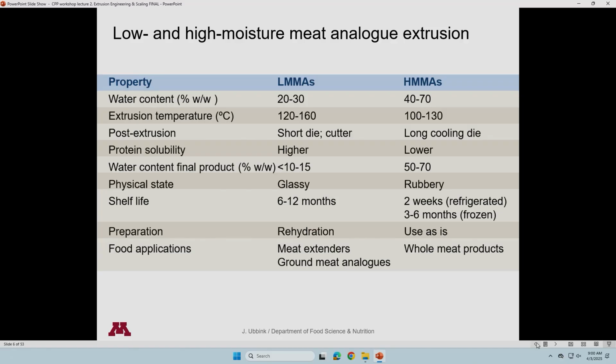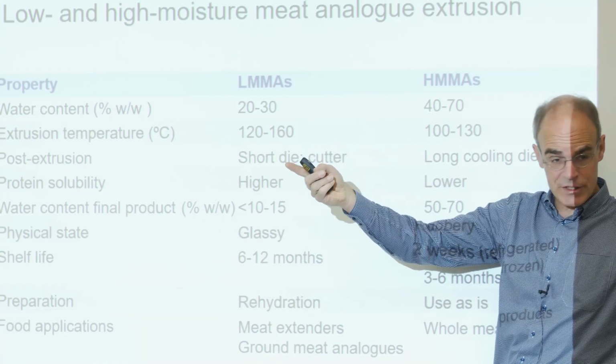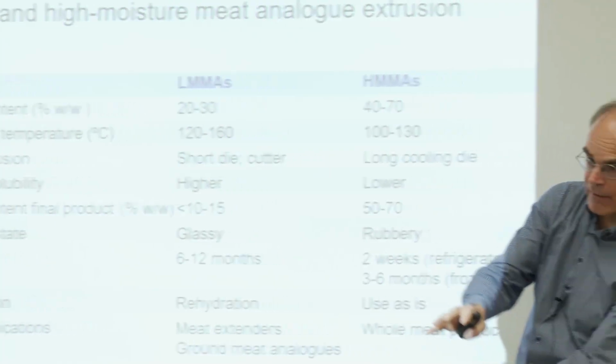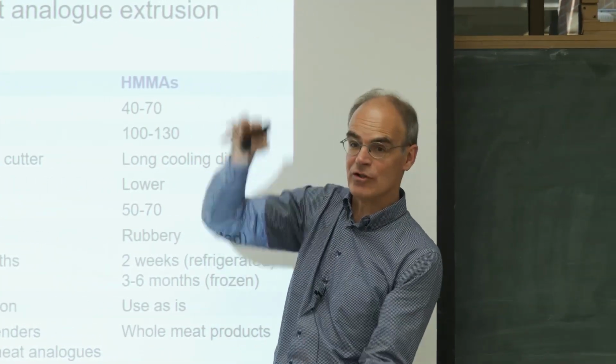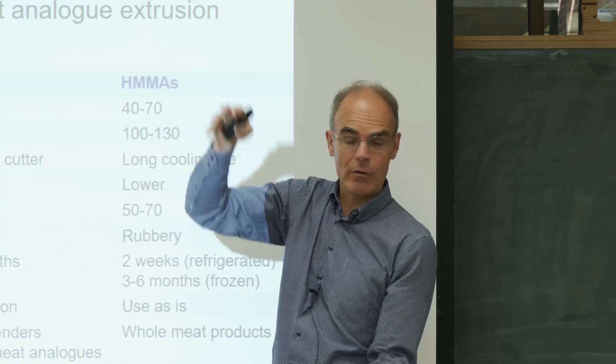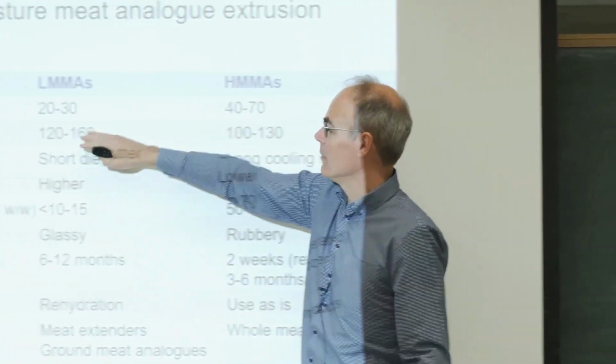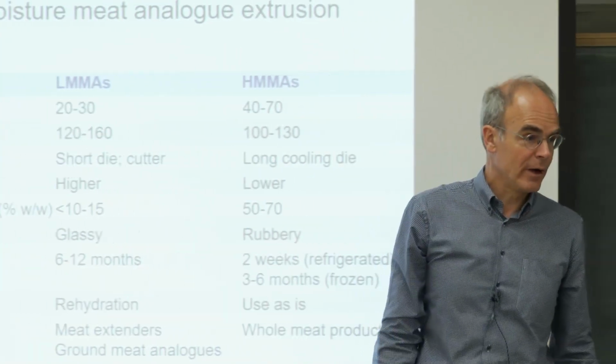The extrusion temperature is typically way higher for these low moisture meat analogs. We need to bring them into that reaction zone, which is at higher temperatures, but we also want to have enough driving force for that steam to evaporate. So we want to get that expansion, and the higher the temperature, the better that works.